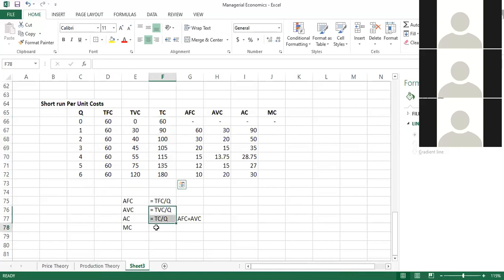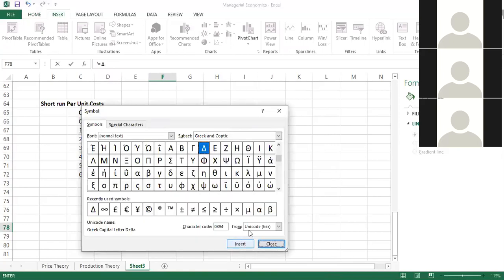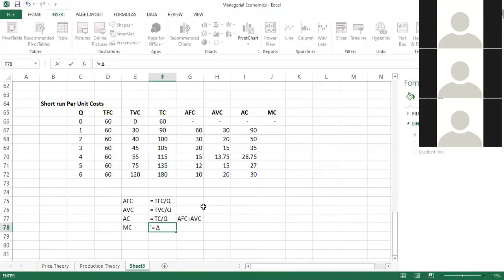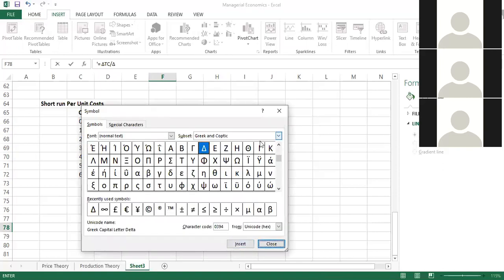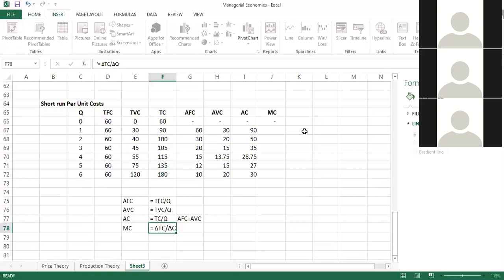Therefore, marginal cost we can calculate as change, delta, in total cost divided by change in output.